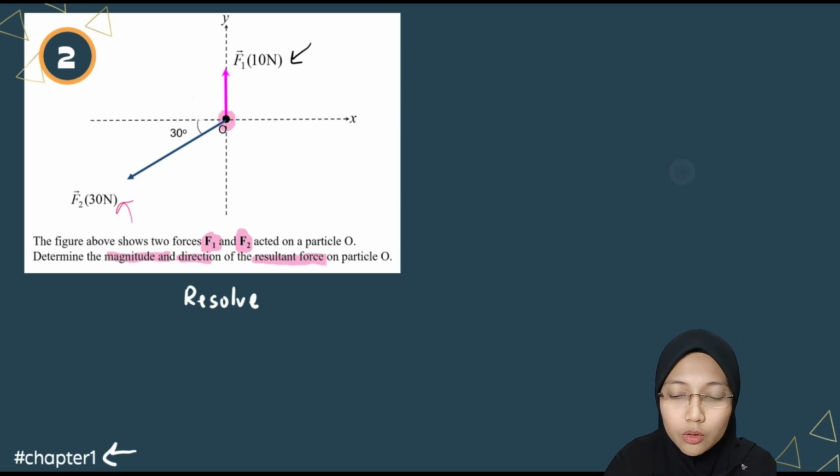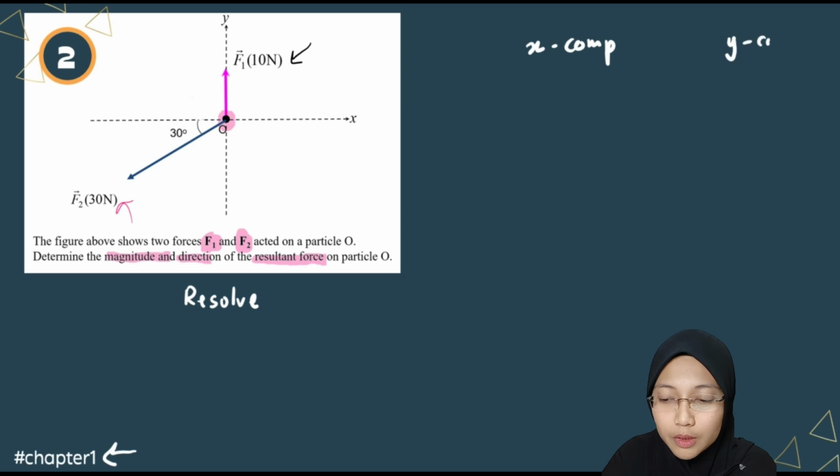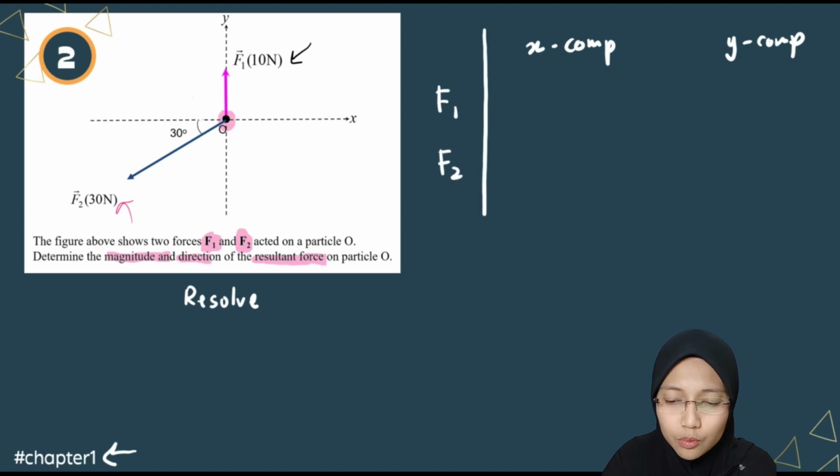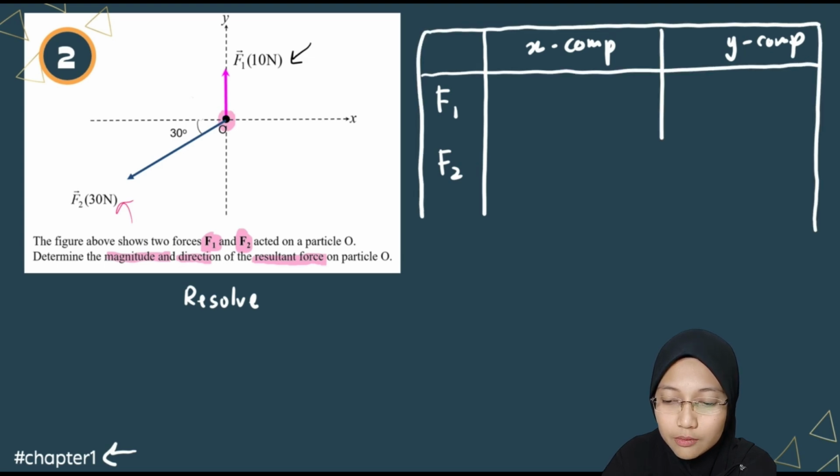So here in your table, we have two columns, x component and y component. And also we have two forces, that is F1 and F2. Okay, so what we do here, we put it properly in the table. So this is for x, the left column, and for y, the right side column.